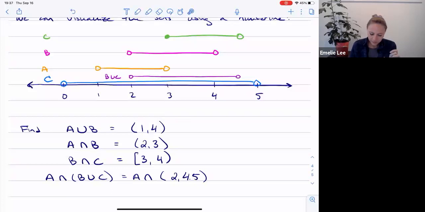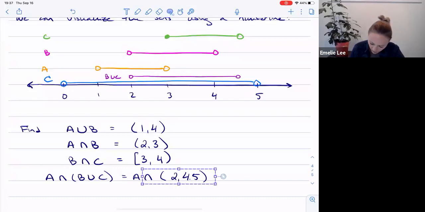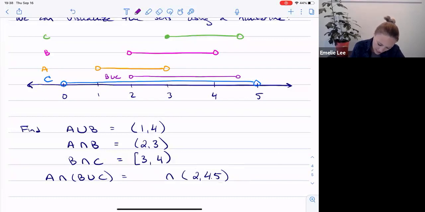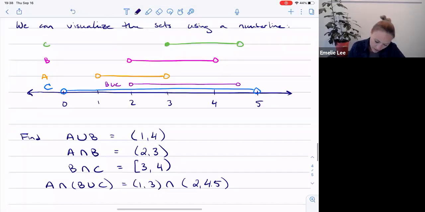So whether you want to fill in A, the open interval from 1 to 3, or, and I definitely find it's easier, to just look at the overlap. So I'm going to scoot this over and just fill in A. A is the open interval from 1 to 3.